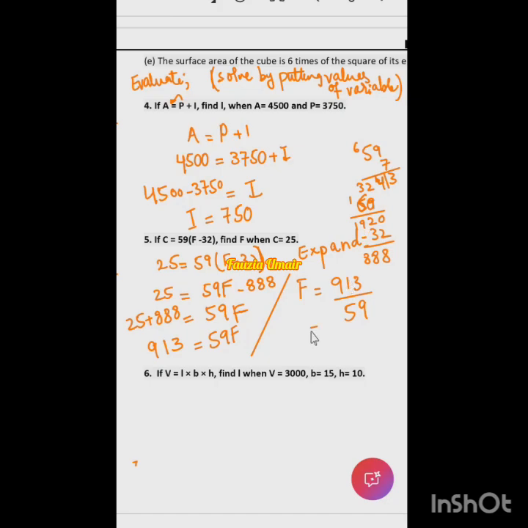So now let's say 59 ones are 59. 91 minus 59 कितना होगा? 91 minus 59 is 32. So then it is 323. 323 कितने पे आएगा? 59.